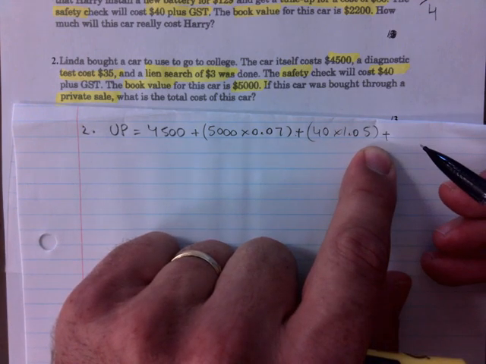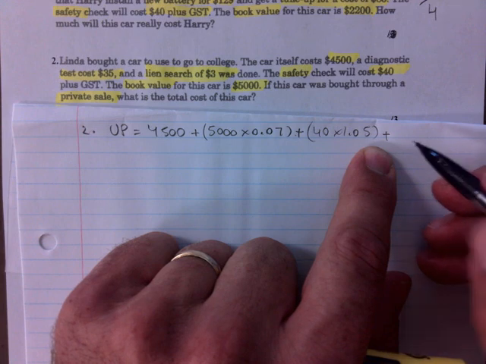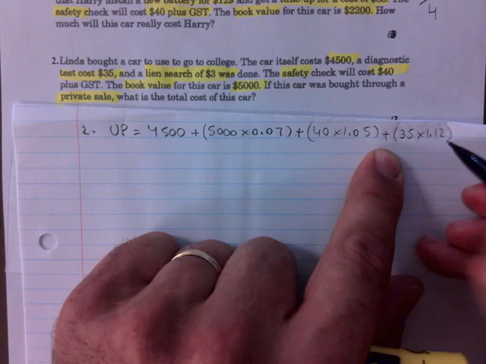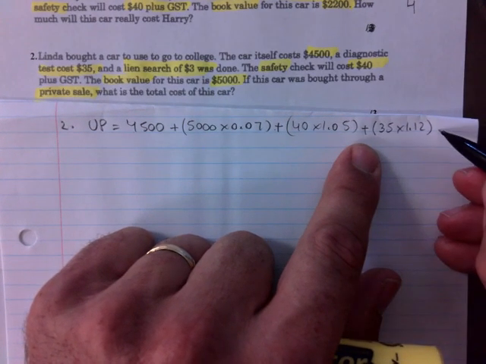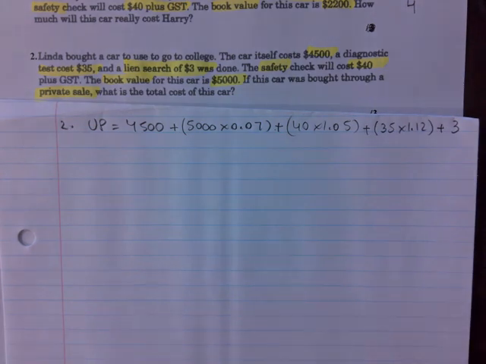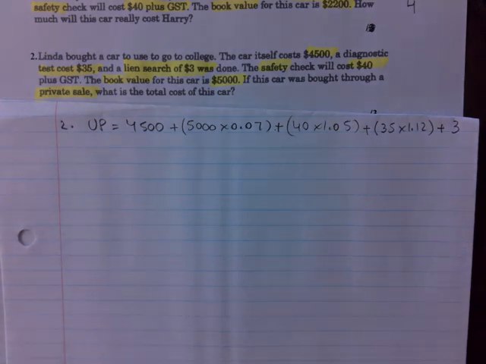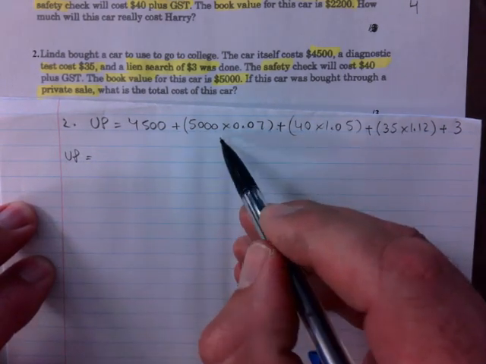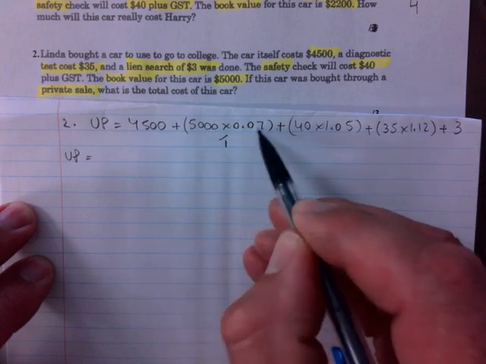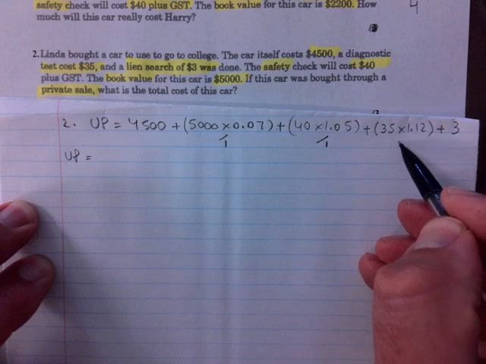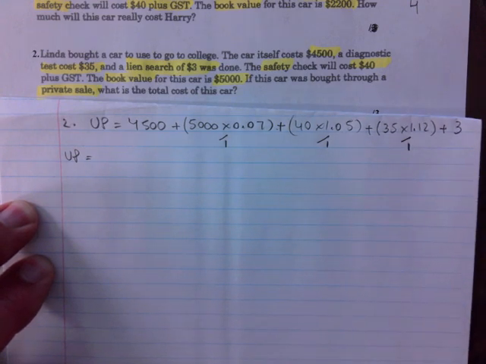Plus, there's a diagnostic. So that's the $35, which I will pay 12% taxes on, and plus the $3. So it's actually a big deal because it's that step where you understand taxes are just added onto my running total, okay? So I would say you get 1 mark for having this done correctly, 1 mark for having this in there, and 1 mark for having the parts and labor and adding 12%.